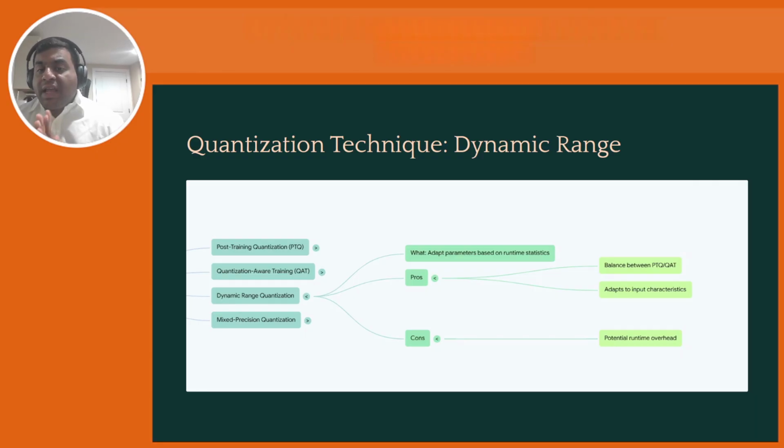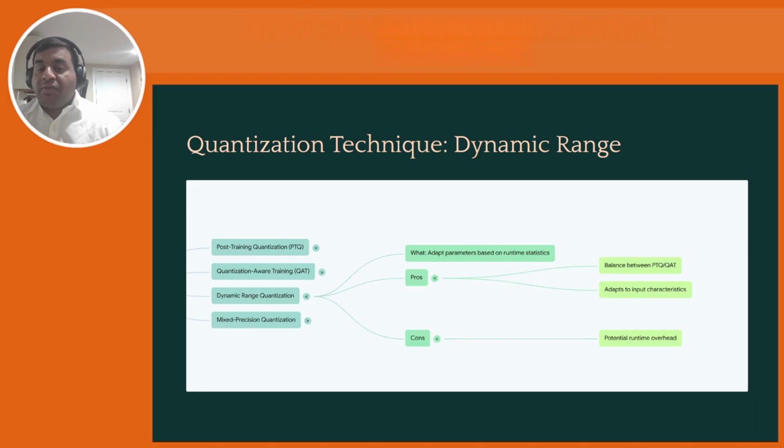Next is dynamic range quantization. This offers a balance. Instead of using fixed quantization parameters determined offline like basic PTQ, it adaptively adjusts these parameters based on statistical properties, the range of activation values encountered during the inference.